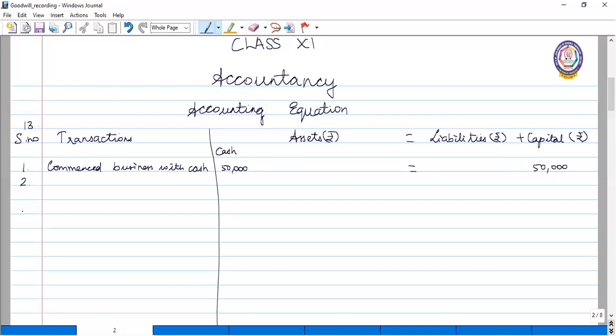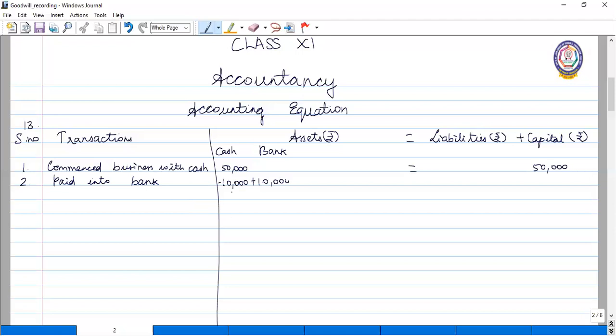Second transaction, paid into bank rupees 10,000. Paid into bank. Okay. So the next asset, cash at bank. So we are actually depositing 10,000 from cash in hand into bank. Okay.